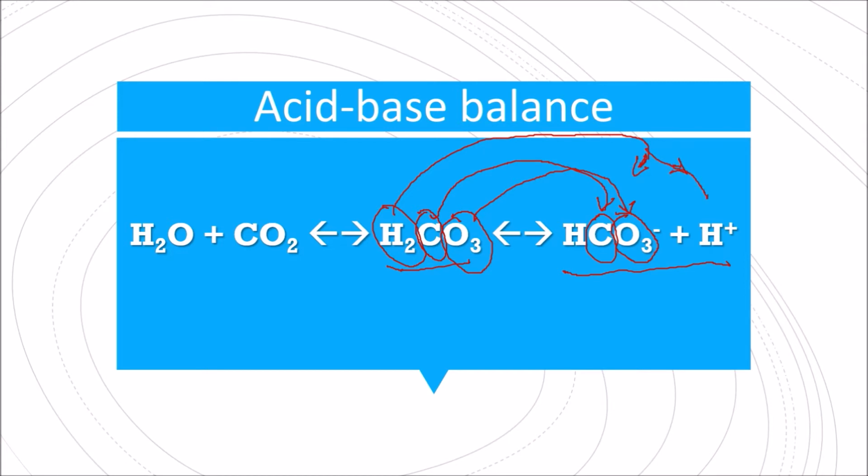And this H that comes over here loses an electron. It leaves the electron behind, so it turns into an H positive, a positive hydrogen ion. This H over here takes the electron with it, and so that's what makes this bicarbonate negative right here.